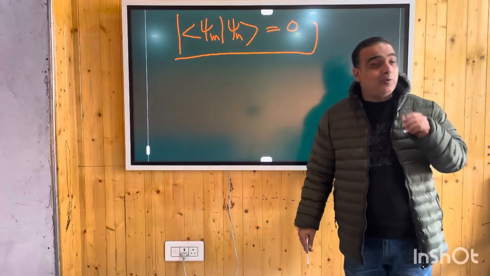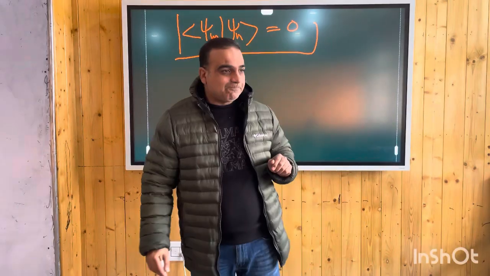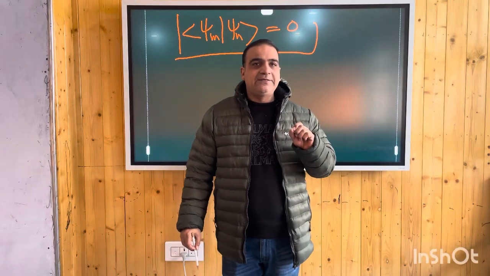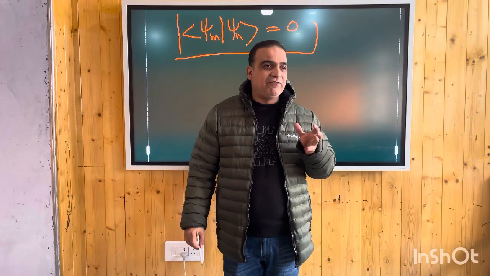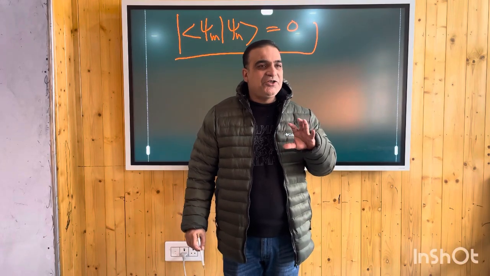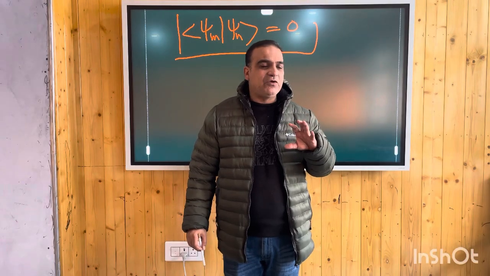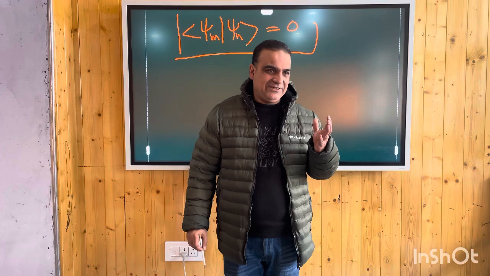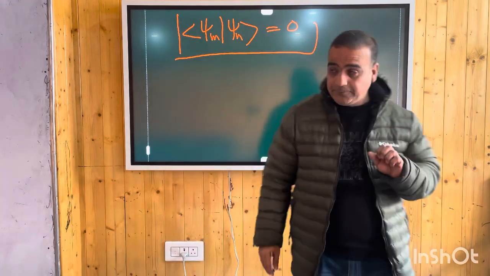Now there is another important mathematical argument, for example, the expectation value. The expectation value of momentum and the expectation value of kinetic energy. These are the two important arguments I would like to talk about.